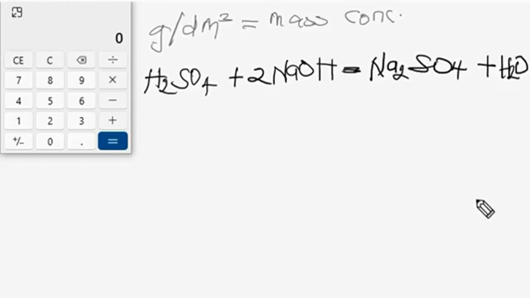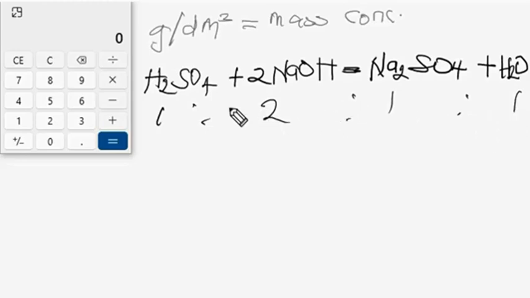So guys, now we've established the equation of this reaction. We also need to understand that in this reaction we will have them in the ratio 1:2 to 1 and 1 here.